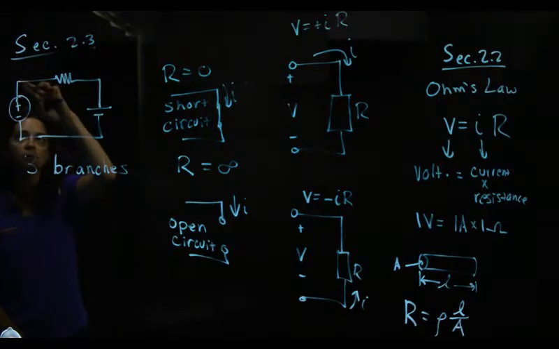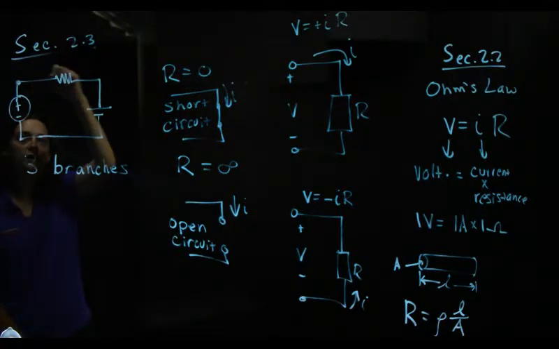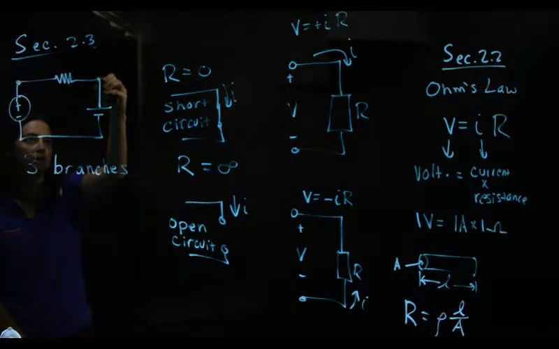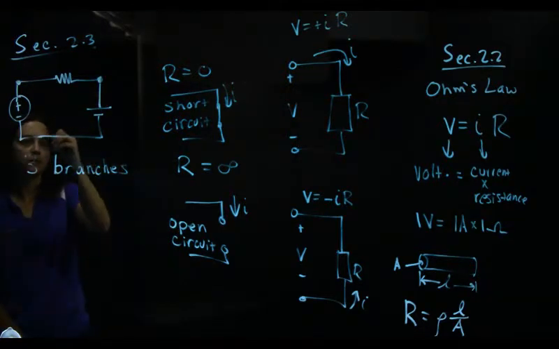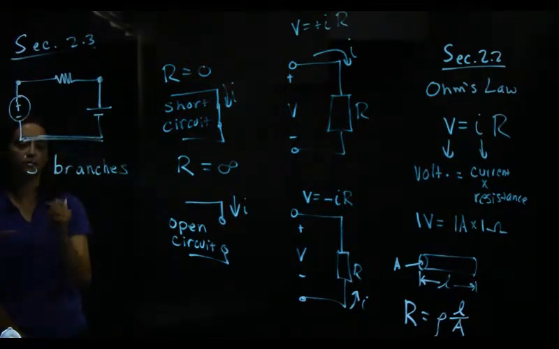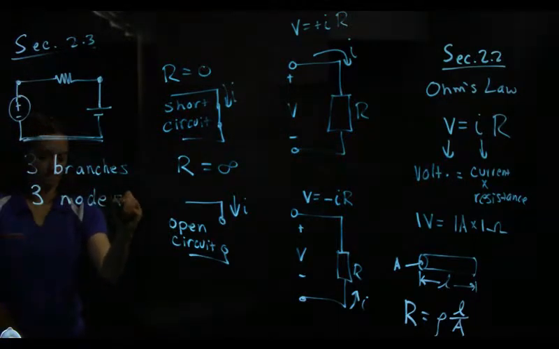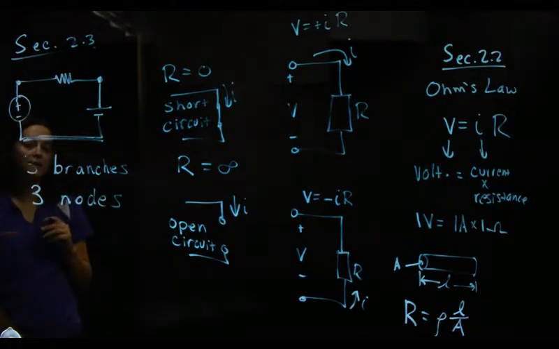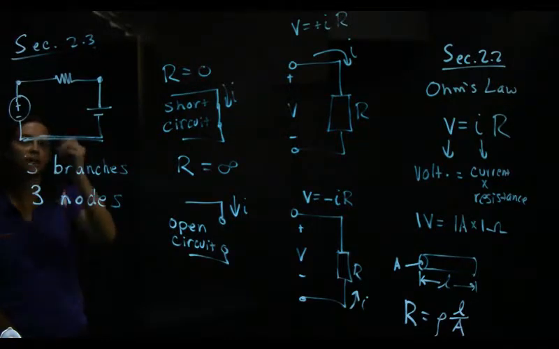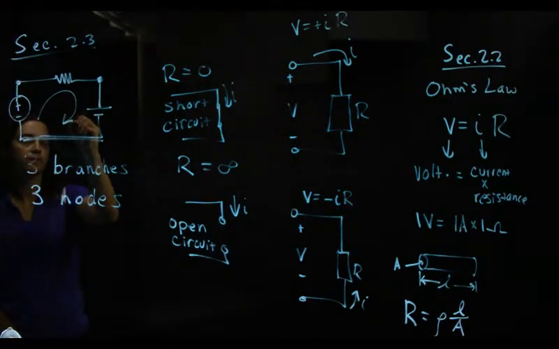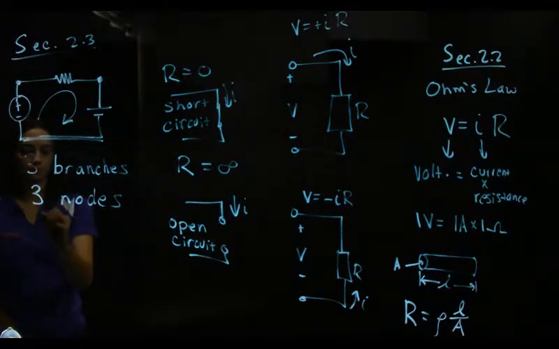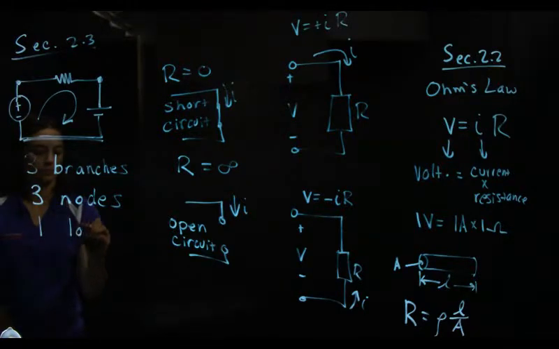So right here, I have 2 elements meeting. I have 2 elements meeting here. So I have 3 nodes. And a loop is any closed path in a circuit. This one has 1 loop.